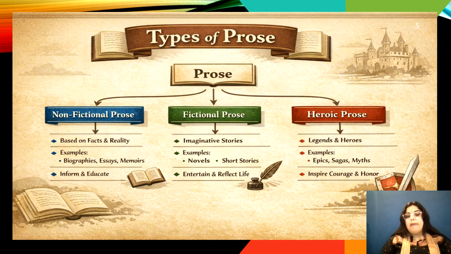It is based on imaginative stories, and examples can be novels and short stories, and its aim is to entertain and reflect life. If we talk about heroic prose, we see stories of legends in a very grand style, heroes and their adventures. Examples can be epics, sagas, myths, and this type of prose inspires courage and honor among readers.